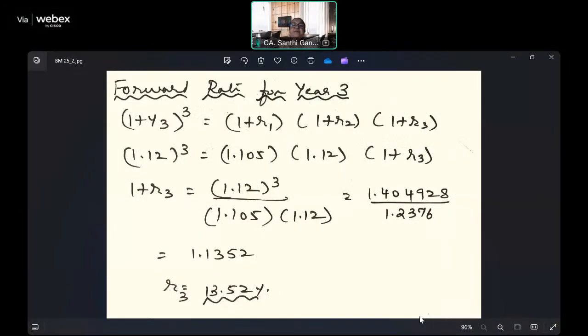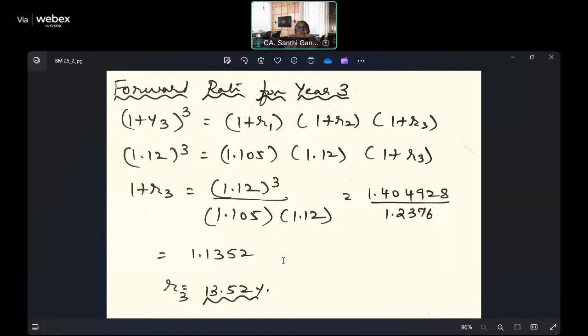Now we are interested in finding the forward rate for year 3. (1 + Y3)^3 would be (1 + R1) × (1 + R2) × (1 + R3). In the problem, we have information regarding 3 years and above, where the rate is 12%.